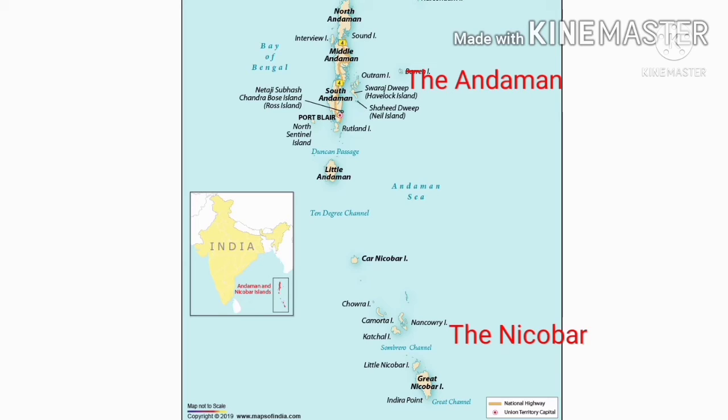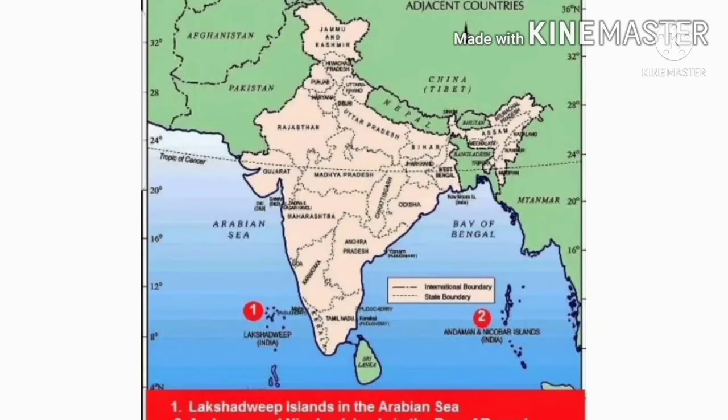These island groups are of great strategic importance for the country. There is great diversity of flora and fauna in this group of islands too. These islands lie close to the equator and experience equatorial climate and has thick forest cover.